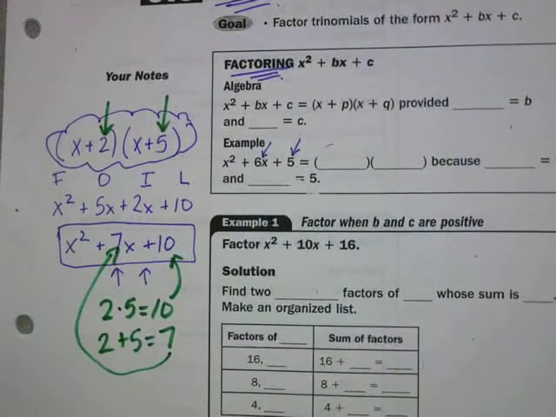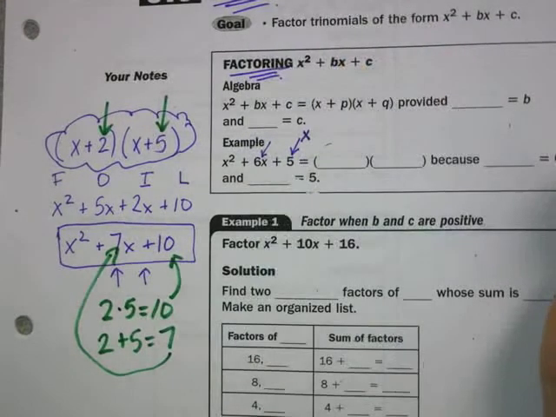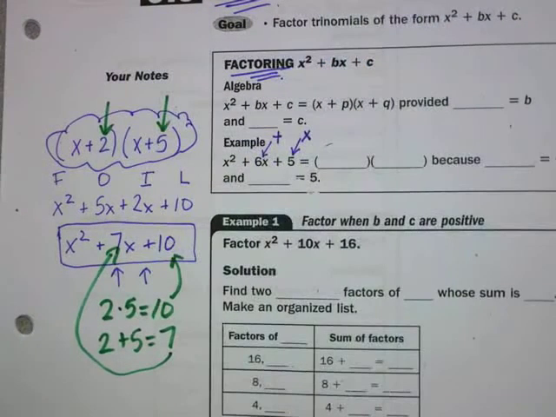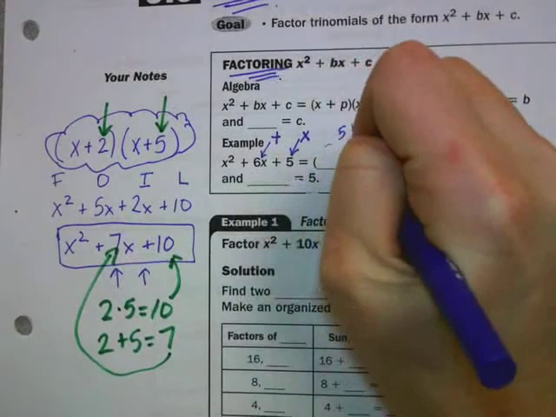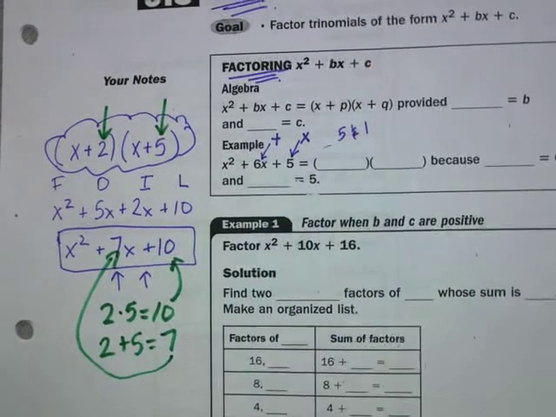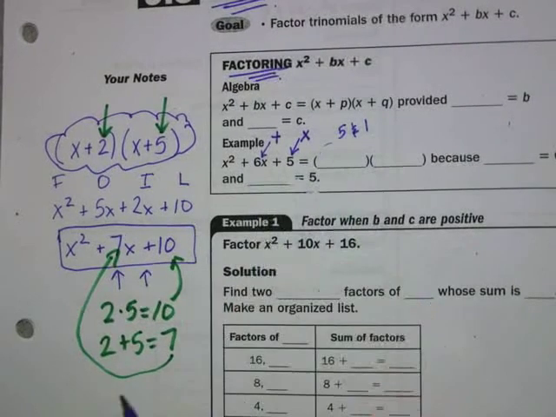Okay, so in this problem, what multiplies and gets 5 and adds together to get 6? What terms can you think of? Well, the only two terms that multiply together to get 5 are 5 and 1. Okay, so 5 times 1 is 5, and 5 plus 1 is 6.